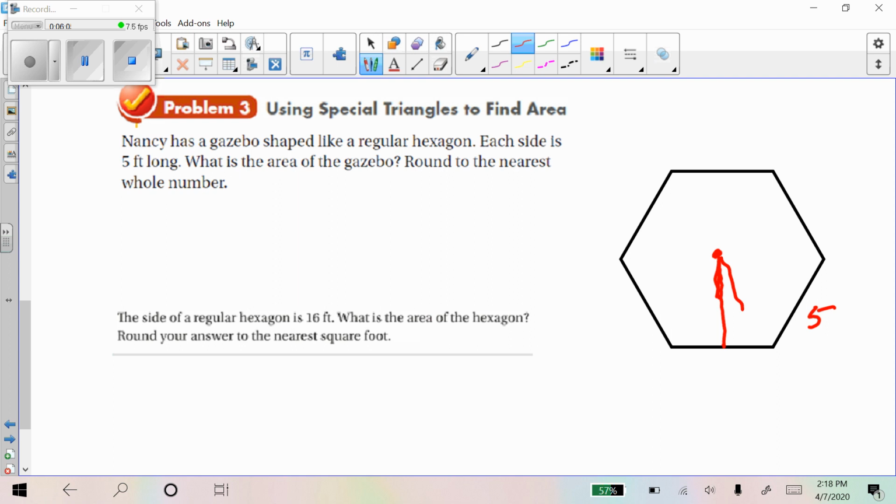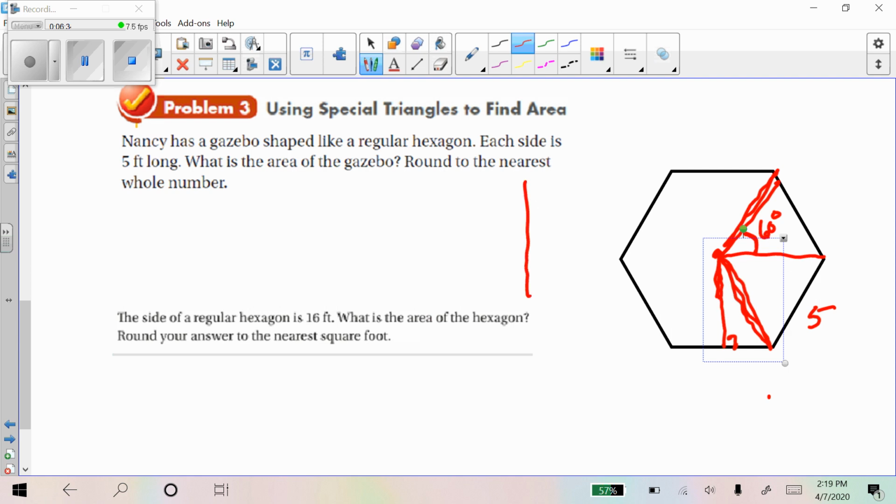Now to help me figure out what that height is, I'm going to draw in this triangle. Okay, it's a right triangle. And remember that if I drew one triangle in here, this angle right here would be 60 degrees, 360 divided by 6. So that means this is a 30, 60, 90 triangle right here.